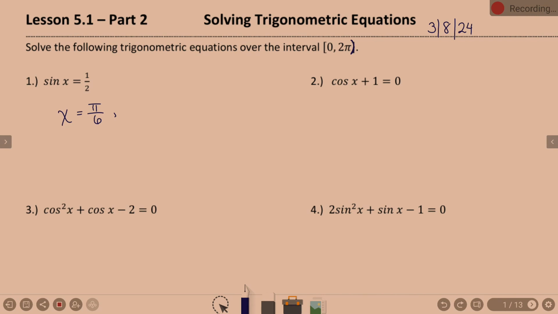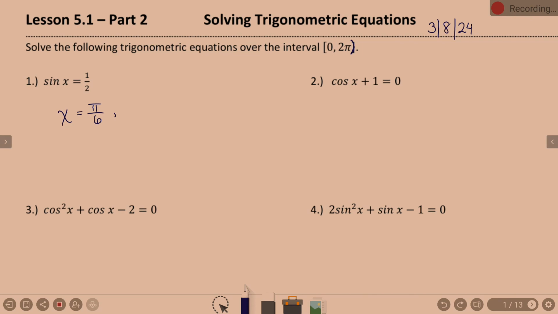Would the next one be... what did you say? Not pi over 3? No. Well, it would be 11 pi over 6? No. Negative 11? 7 pi over 6?